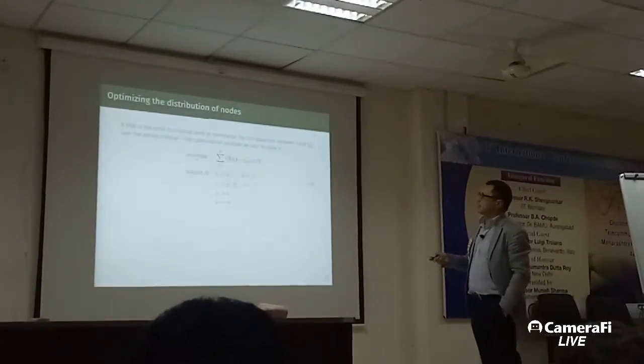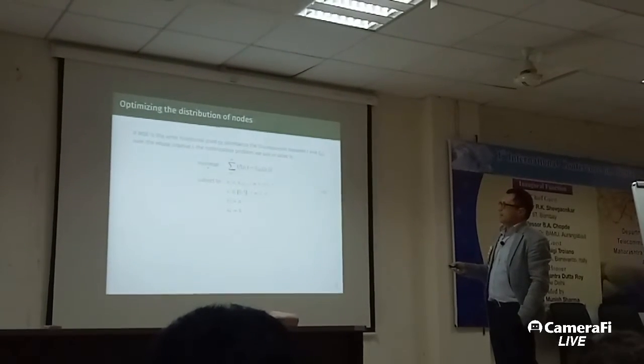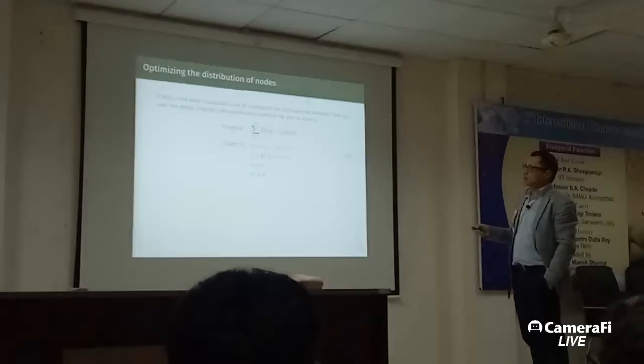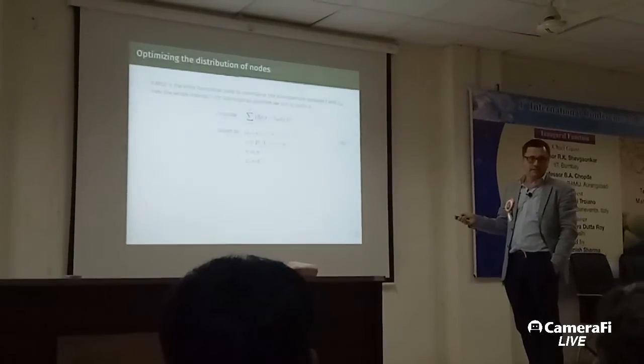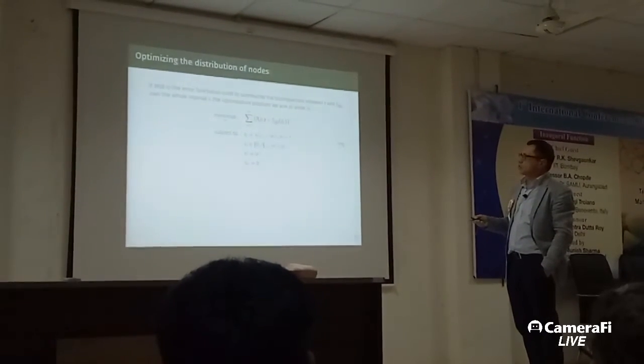And let's see what is the optimization problem that we are considering. So we are minimizing the square error between the function and its reconstruction, and we consider these simple constraints.